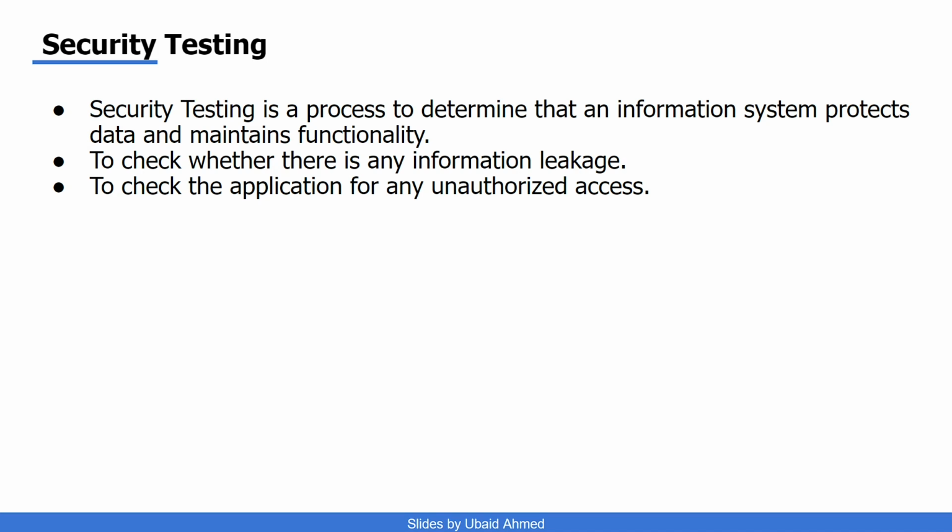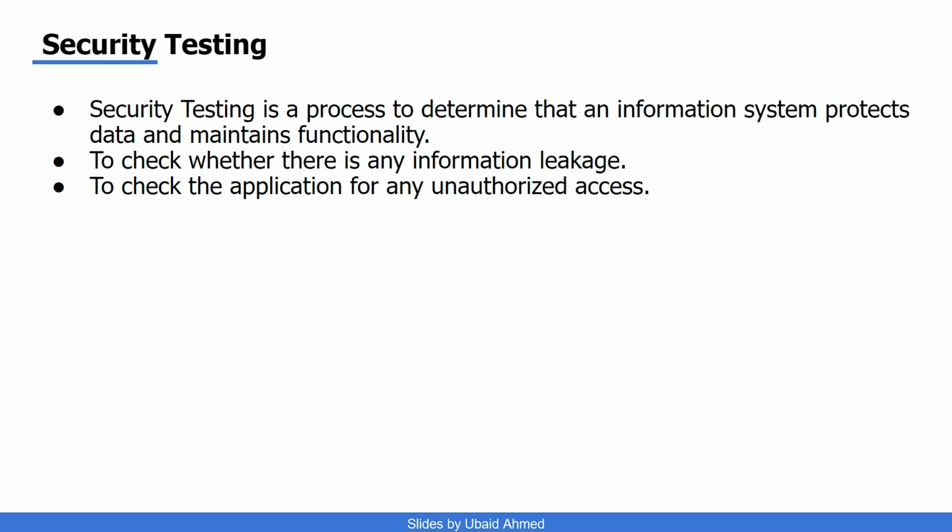So you have to ensure that nothing like this is happening in the application, and also check the application for any unauthorized access. Whatever application you are testing, there might be different roles. There can be an admin role, there can be a user role.